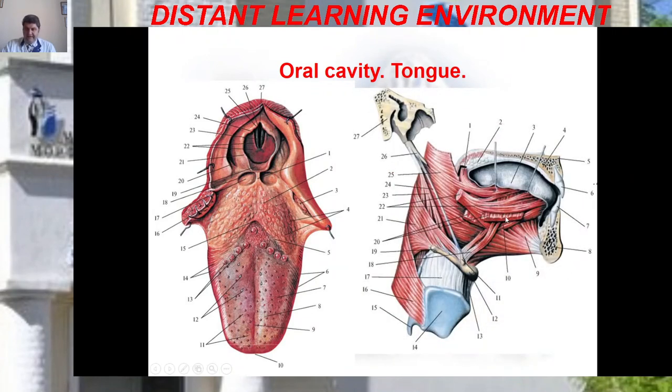You may see this muscle here. This is the largest of all tongue muscles and achieves highest development only in man due to the appearance of articulate speech.